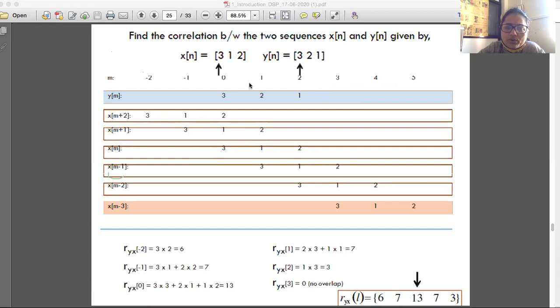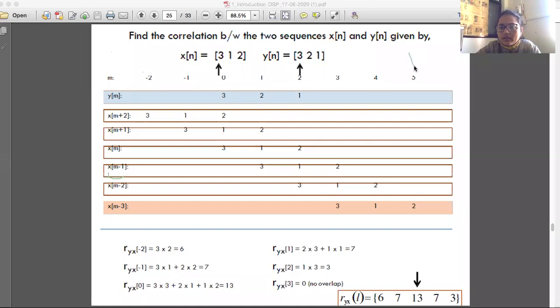So what we are going to do, we would like to find out the output, gamma. In this case, the first sequence is taken as y and the second sequence is taken as x. So I'm writing here the equation. We will be using the tabular method here directly.